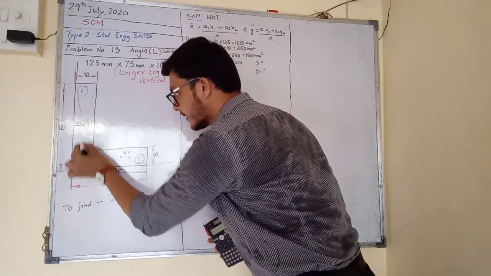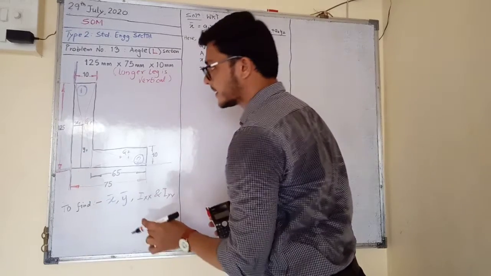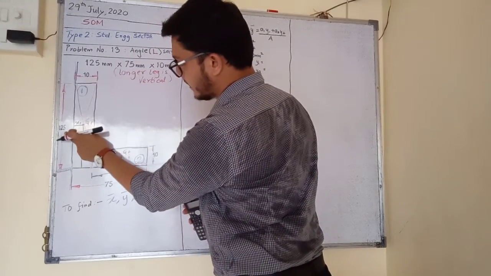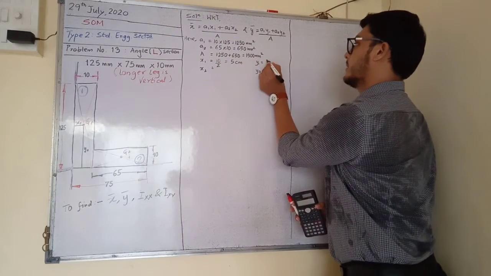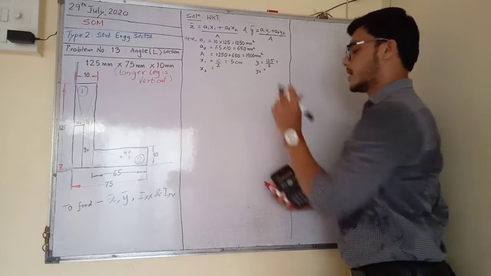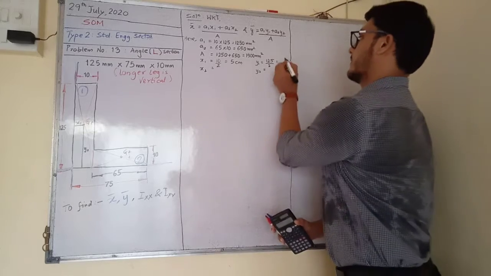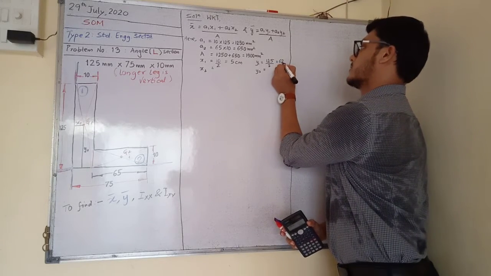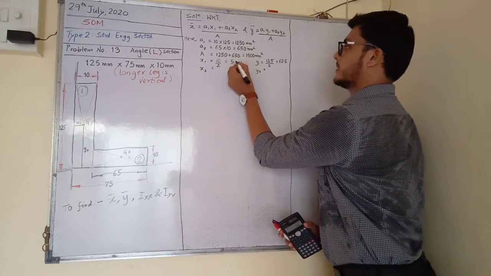This distance will be y1, which is half of 125, that is 125 divided by 2, 62.5 millimeter. All are in millimeter.